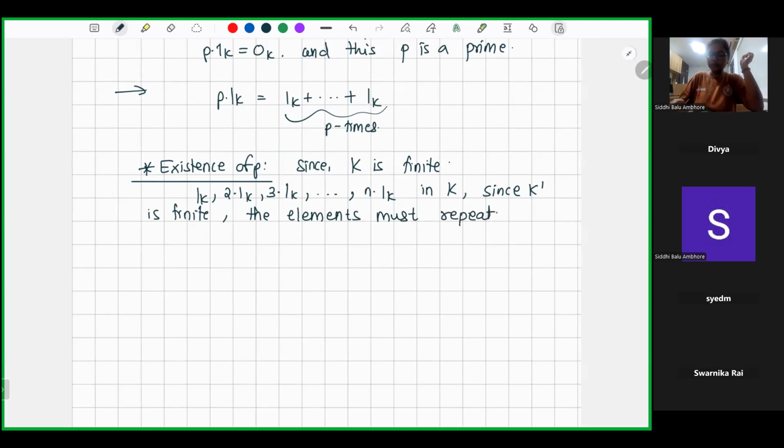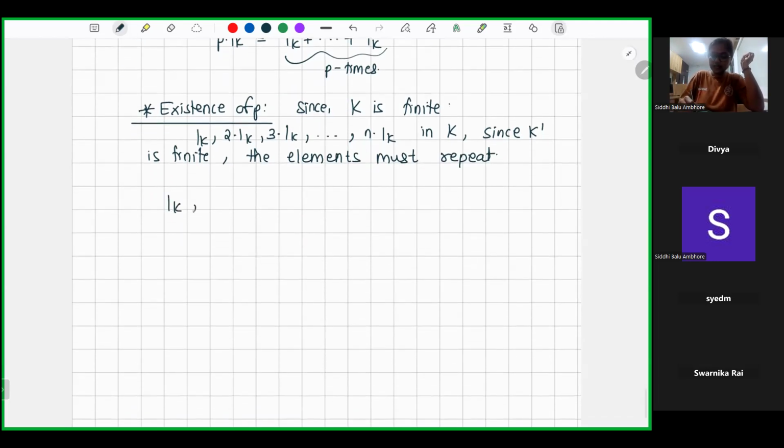Okay, see this set: 2 into 1K, 3 into 1K, n into 1K, and so on. This is contained in this K, which is finite.